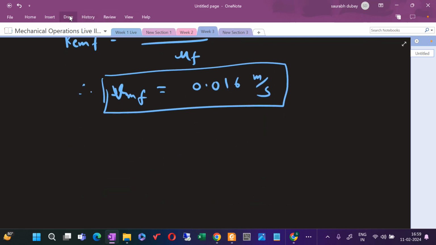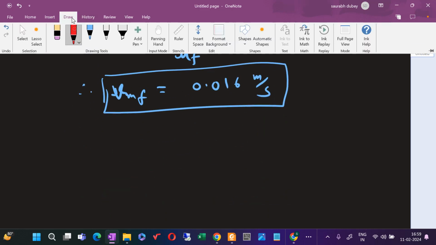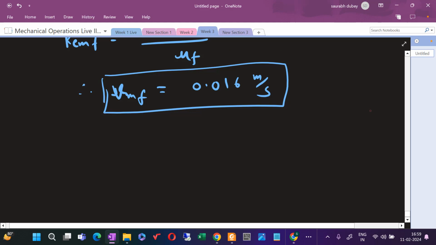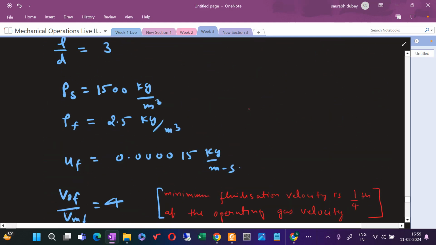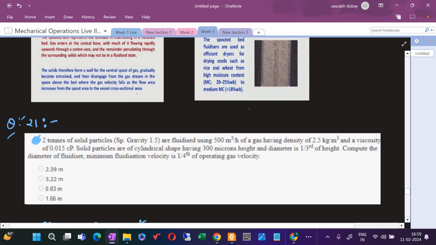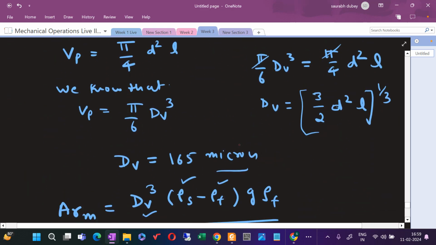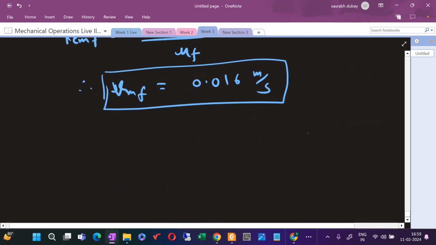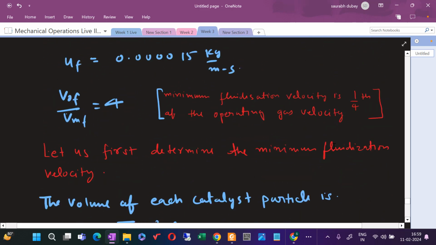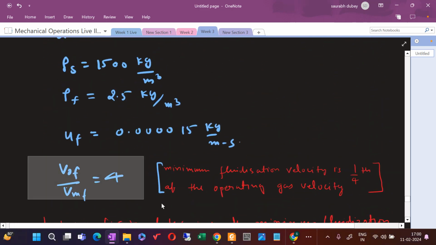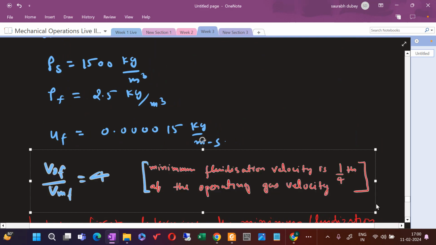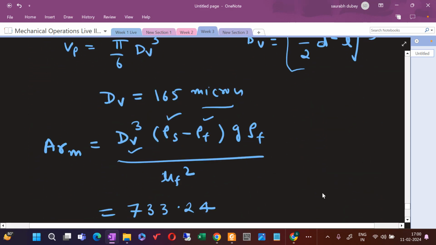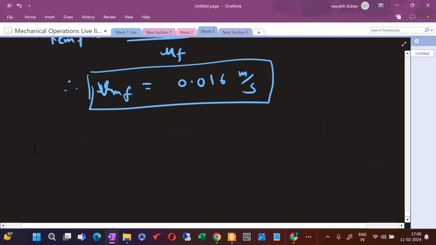Now, as you remember, the question started with the cylindrical particle that you used in order to calculate the minimum fluidization velocity, but the diameter of the fluidizer is still the question that is asked. One thing is also given: the ratio of the operating velocity to the minimum fluidization velocity is 4.